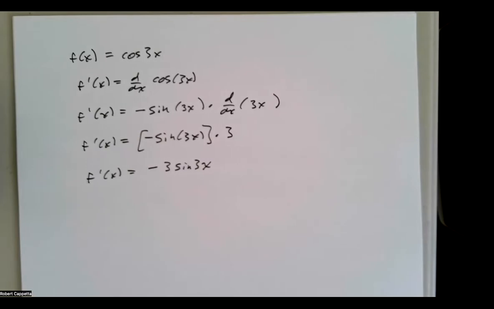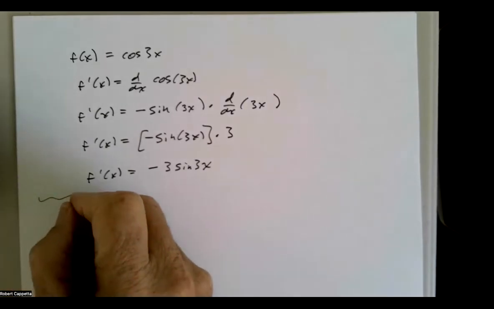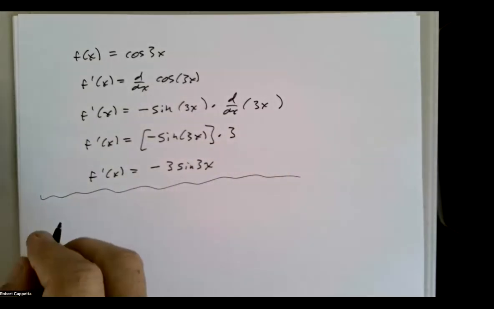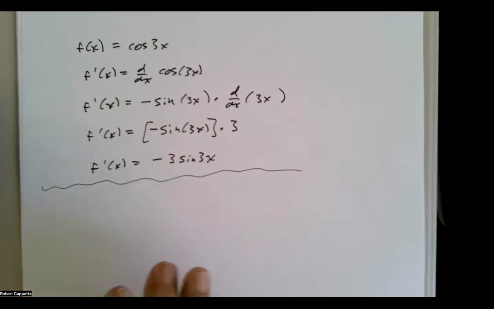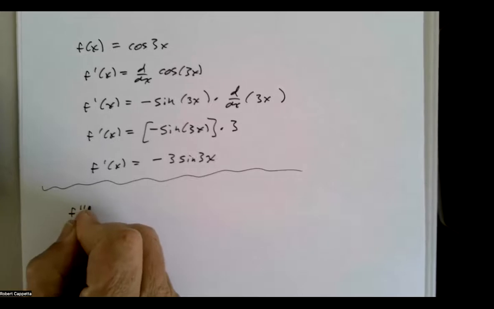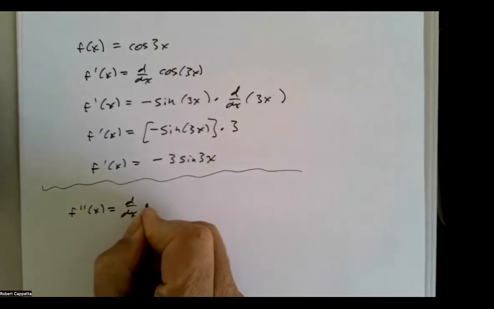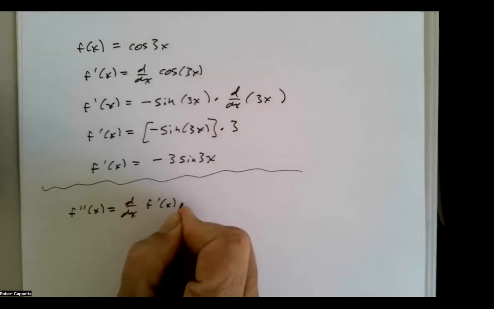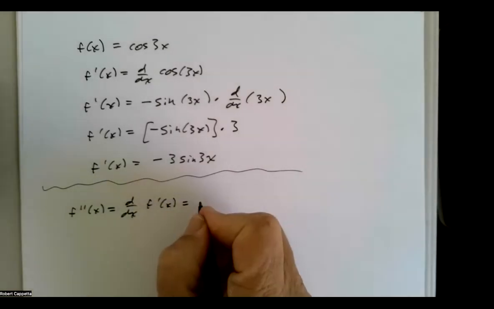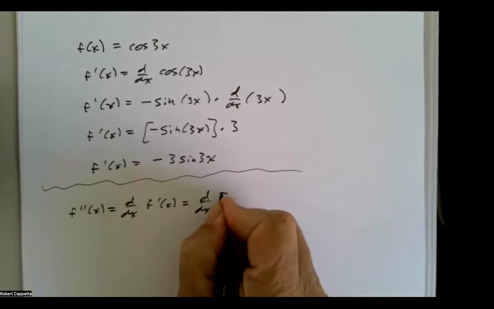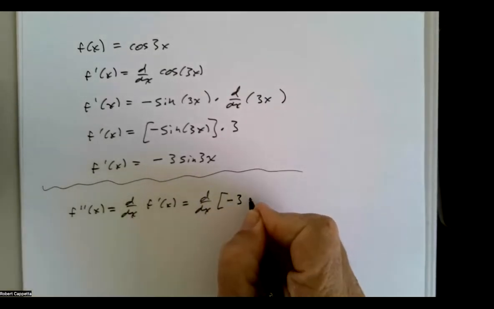And then our next step was to do what? Was to find the second derivative. So what does the second derivative mean? F double prime of x is the derivative with respect to x of f prime of x, which is the derivative with respect to x of negative 3 sine 3x.